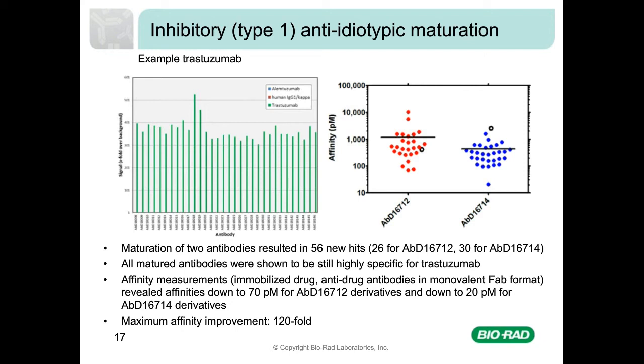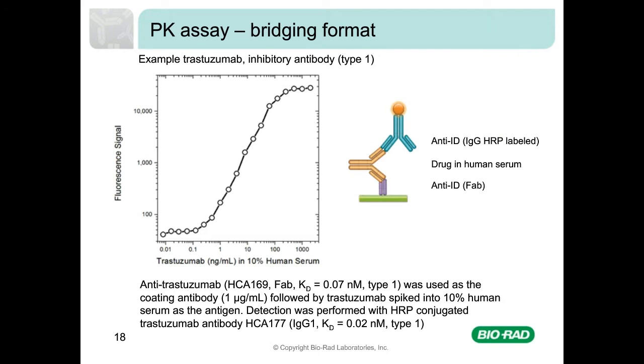I would now like to show you examples of PK and ADA assays using different anti-idiotypic antibodies. The first example is a PK assay in the bridging format. Anti-trastuzumab, which is catalog number HCA169, a type 1 Fab with a KD of 70 picomolar, was used as the coating antibody, followed by trastuzumab spiked into 10% human serum as the antigen.